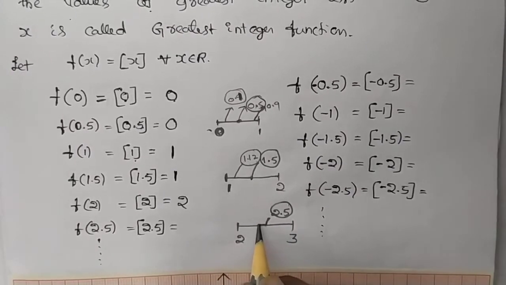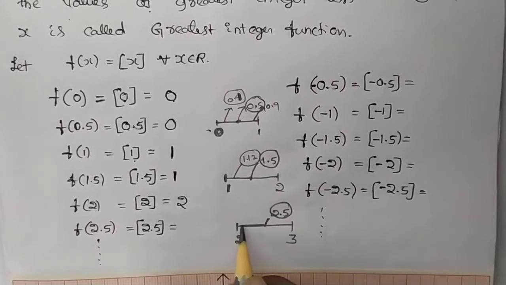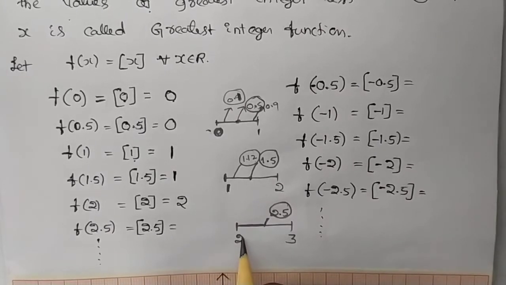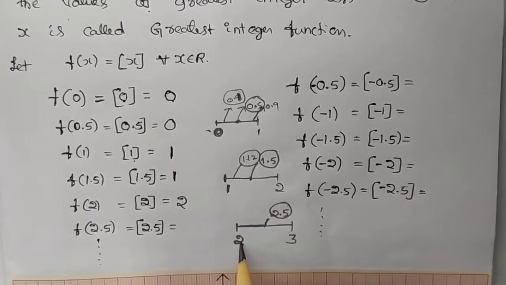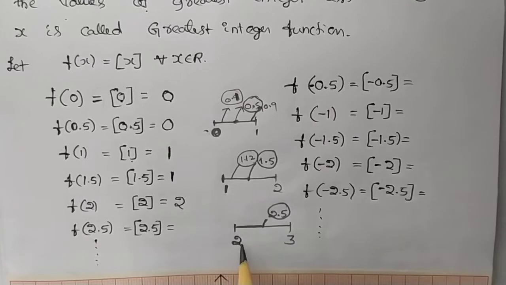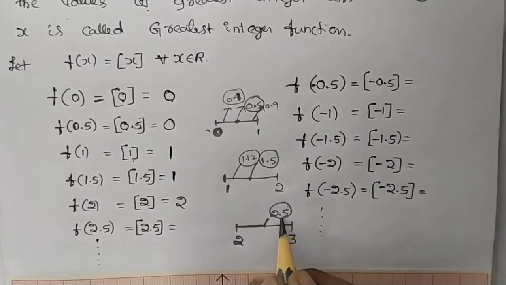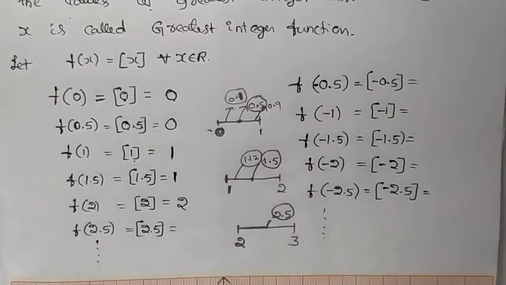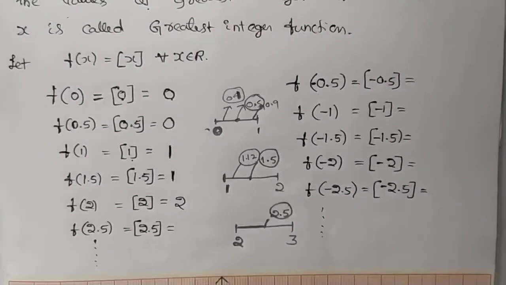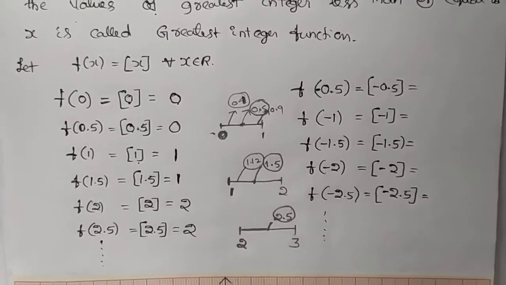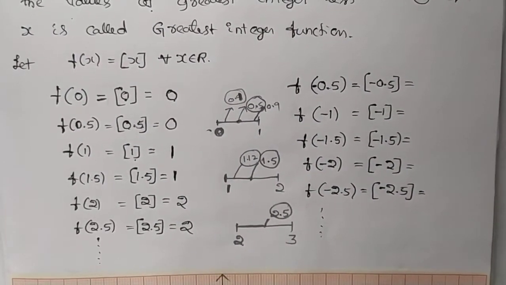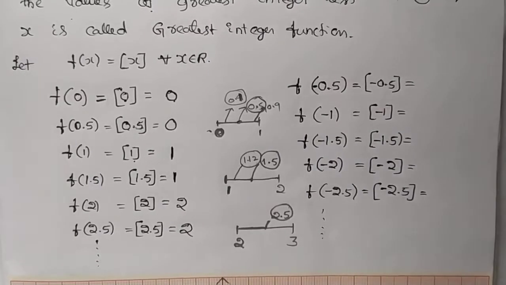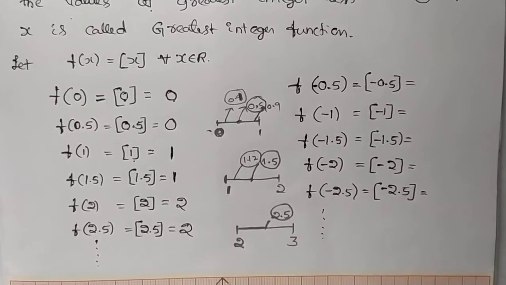You just move on to its left. Here we will find the greatest integer, that is 2. Therefore, the greatest integer for the value 2.5 will be 2 only. I think you understood. You just think, what about the greatest integer for the value 9.2?